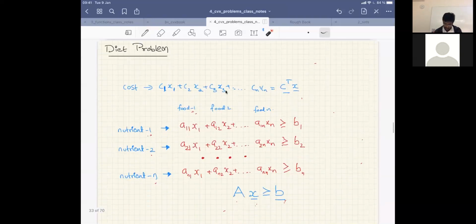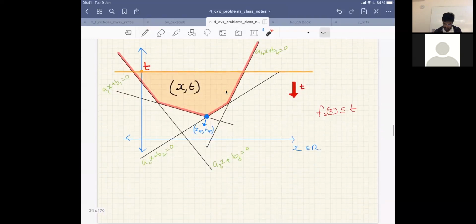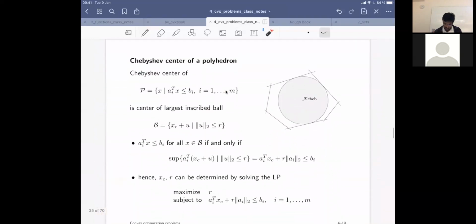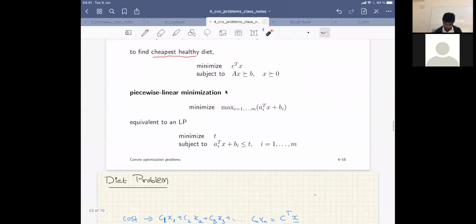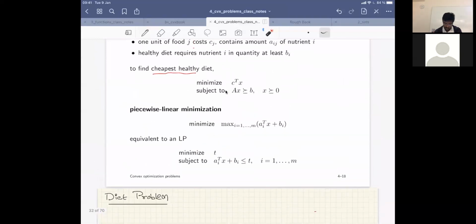Yes, so that is piecewise linear minimization. Again, this is not applicable for any piecewise linear function. It's applicable for a particular function formed by this form. For example, you can construct a piecewise linear function like this.